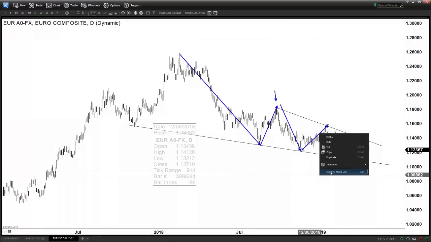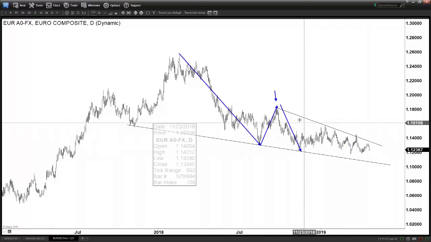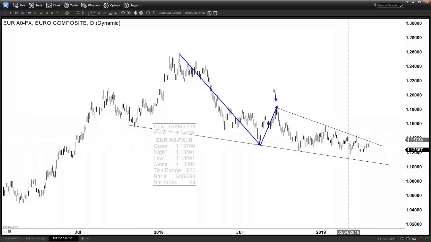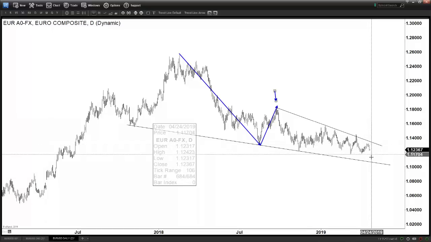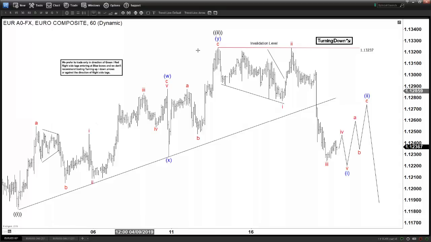And then if you focus on this move here, this looks like a 1, 2, 3, 4, 5 bounce, and then another one that looks impulsive, 1, 2, and now trying to do another 3, 4, 5. That's exactly what you're seeing here with this 1 and 2.